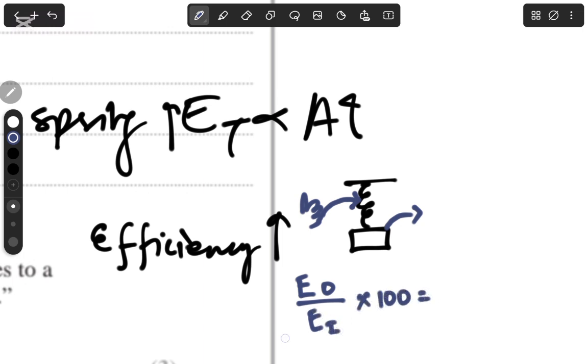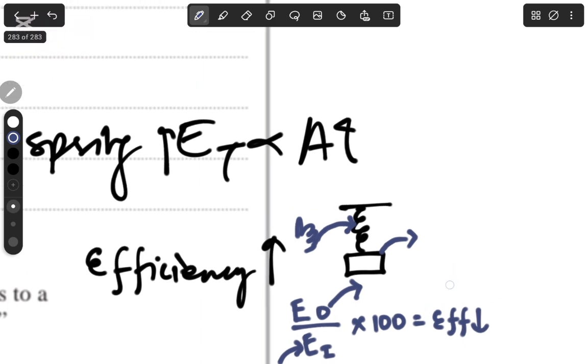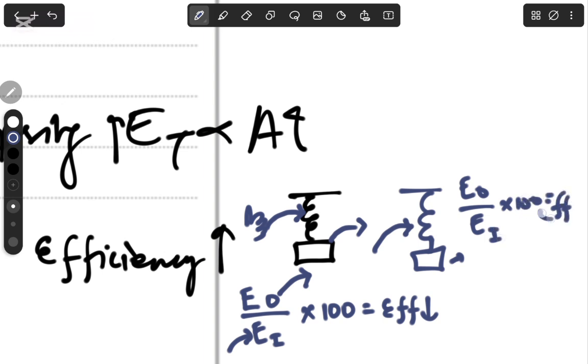Now I'm giving some energy in and a lot of the energy is going out, so the efficiency will be a bit low. But what happens at resonance is that all of this energy is transferred from the hand to our mass spring system and very little energy is lost. So the efficiency, energy output divided by energy input times 100, will be high.